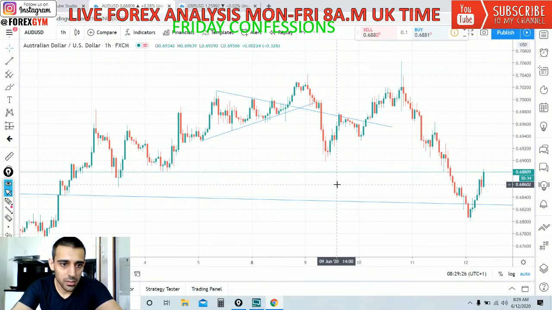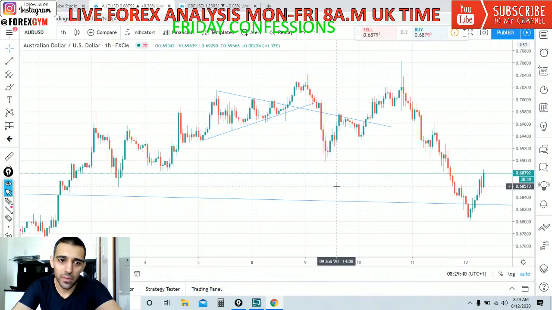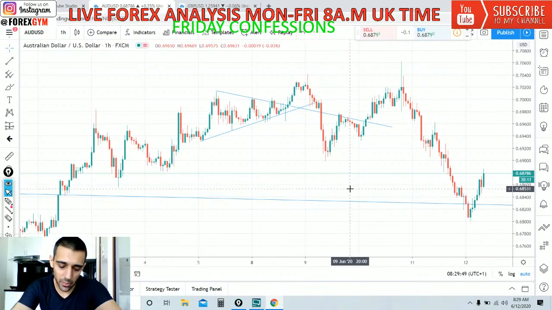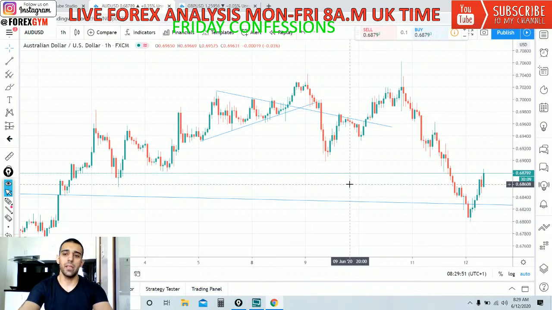About 15 pips. Yeah, I would say this is not the ideal trade. It doesn't look particularly good because this one requires about a 20 pip stop loss, and if we give it a 20 pip stop loss, then we compromise our risk reward quite a bit.